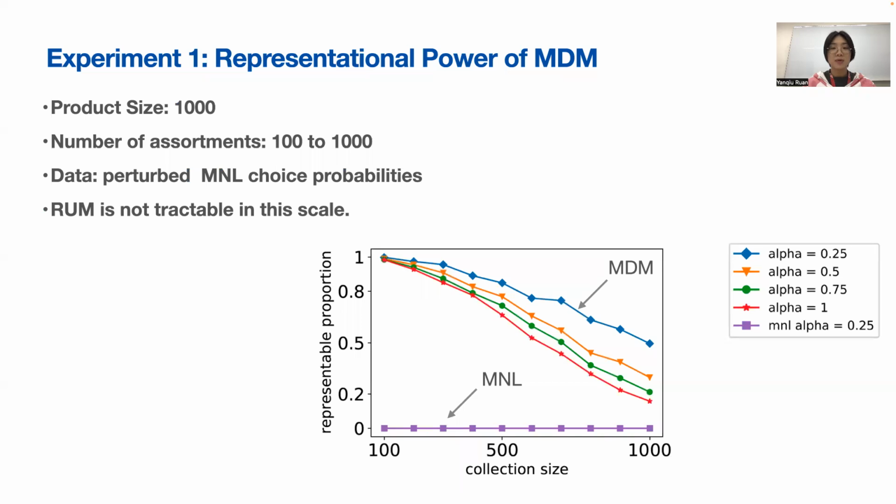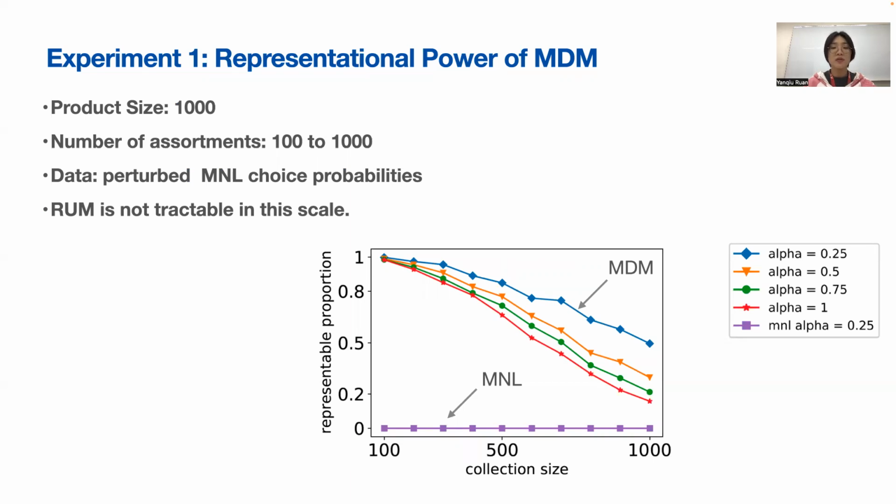Here, let's see some numerical results of the characterization. The first experiment demonstrates that MDM has good representational power with a large number of products. In experiment 1, we investigate the representational power of MDM for a large number of products, n equals 1,000, and the number of assortments from 100 to 1,000, by randomly perturbing choice probabilities from an underlying MNL model.